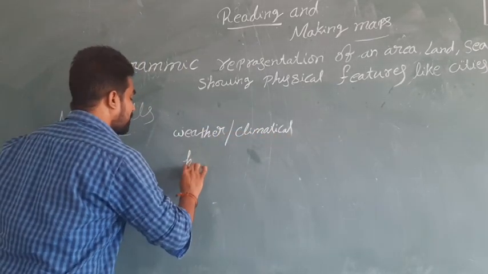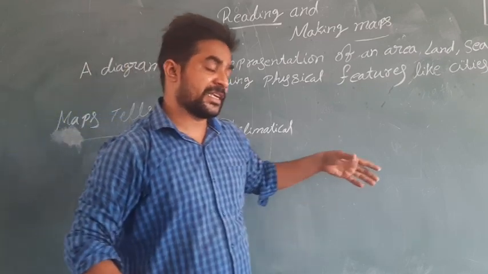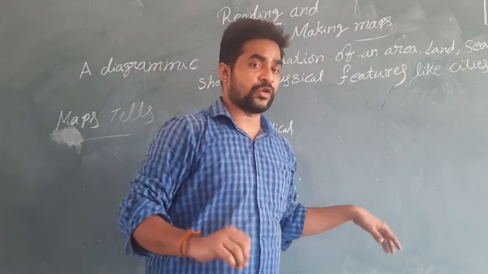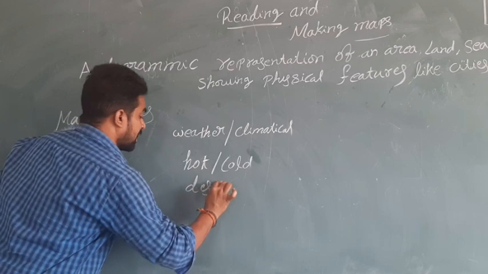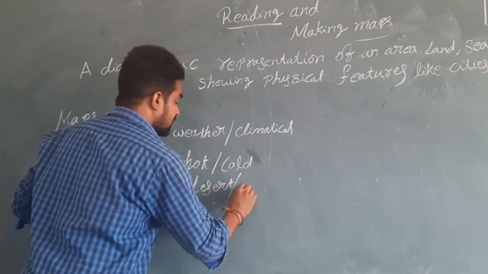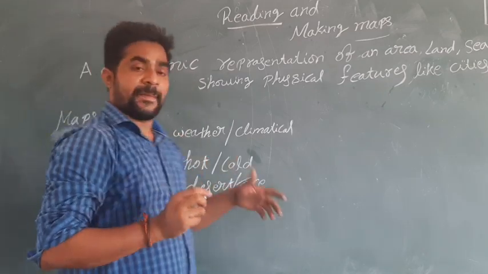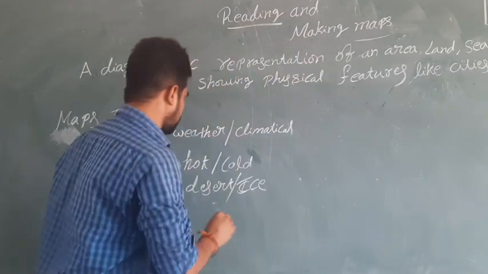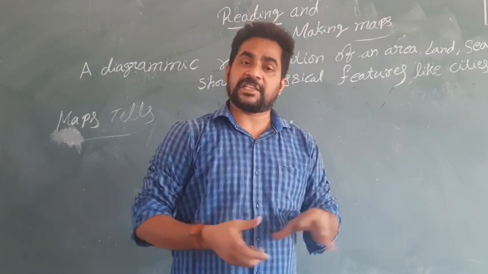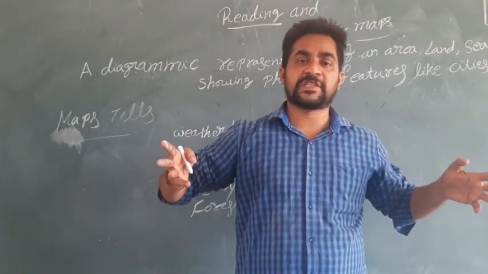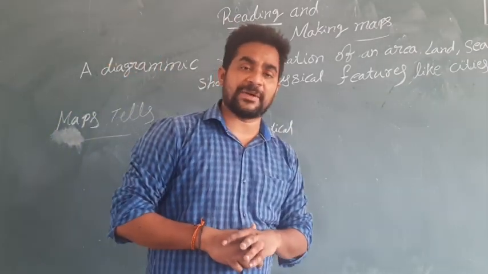The map also shows whether the area is hot or cold, whether the area was a desert, or otherwise covered with ice. Maps also show the forest, how much area is covered with trees, or how much area is covered with mountains, the biggest rocks, and also the existence of animals.